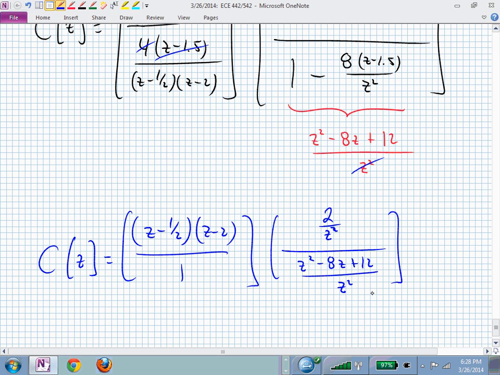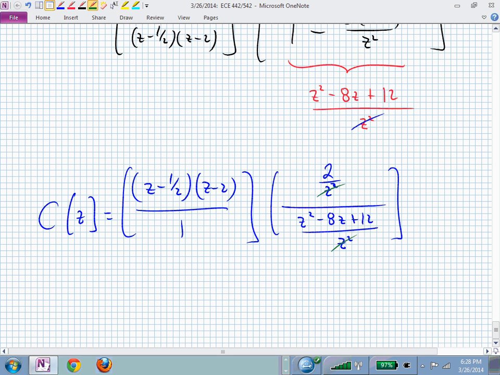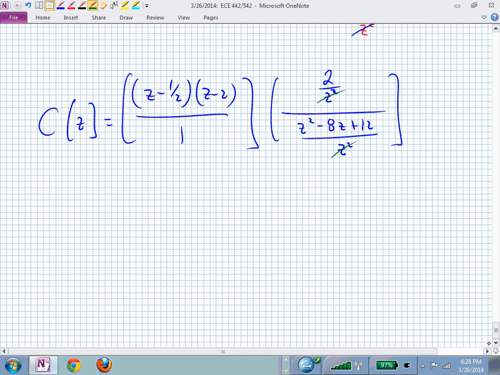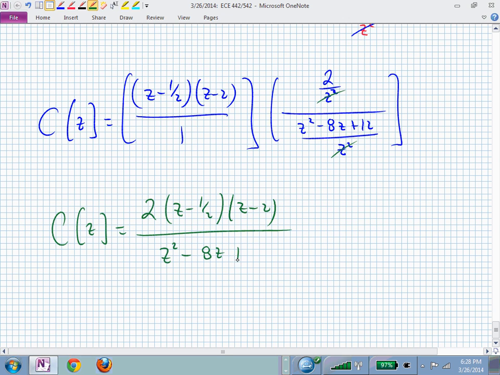I'm doing this in maybe a lot of detail so that you see where this is coming from. And now let me factor that z squared. So now I have c of z is 2 times z minus 1 half times z minus 2, over z squared minus 8z plus 12. But that is z minus 2 times z minus 6, right?